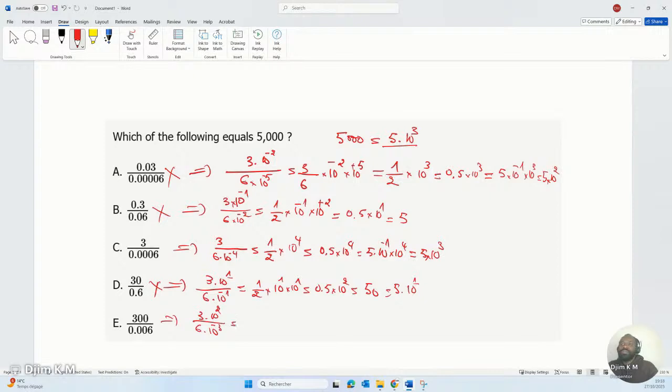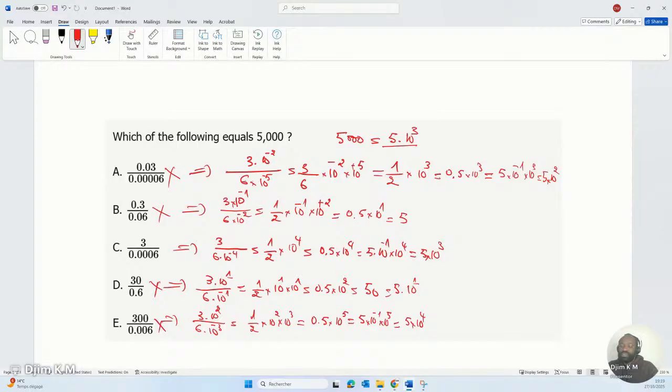So 1 over 2 times 10 to the power 2 times 10 to the power 3, 0.5 times 10 to the power 5, is going to be equal to 5 times 10 to the power minus 1 times 10 to the power 5, which gives us 5 times 10 to the power 4, which is different from this one.